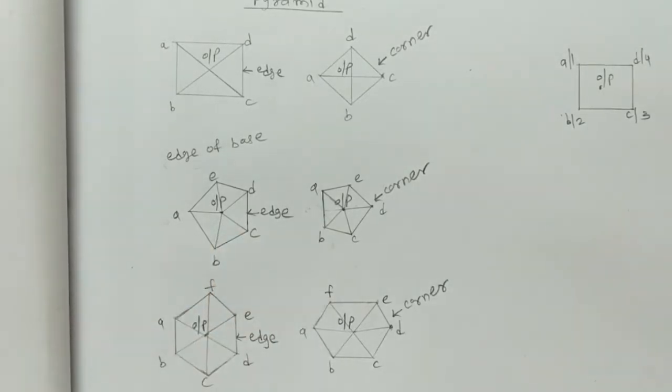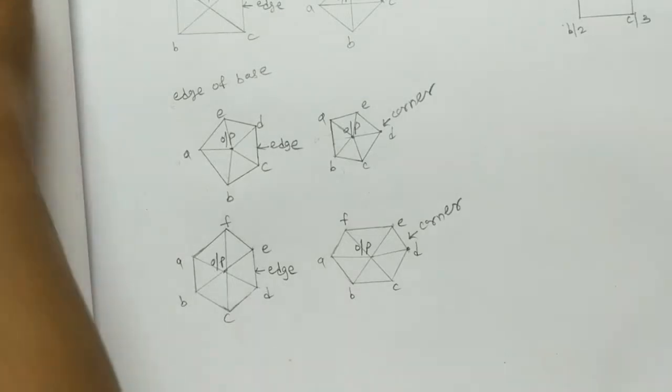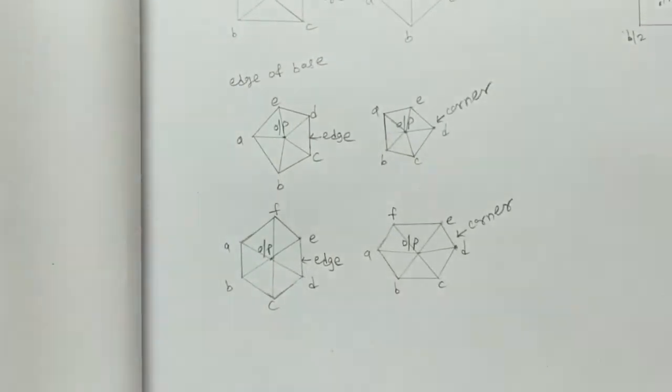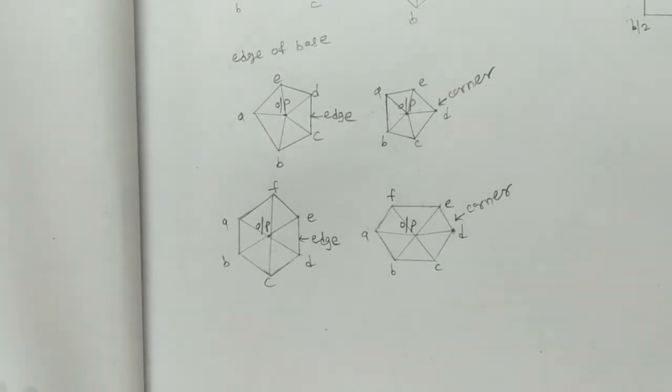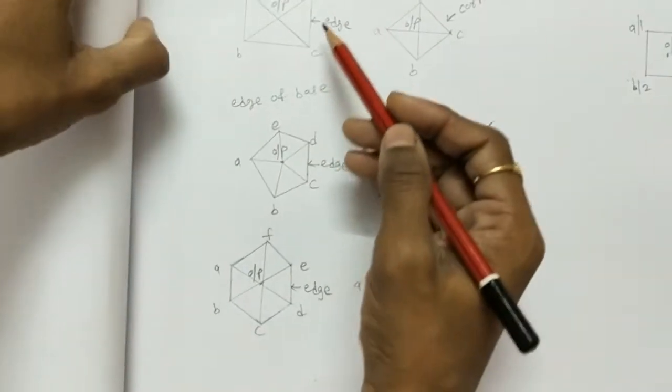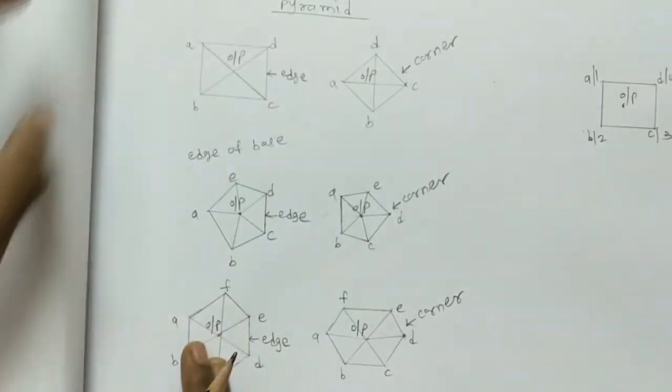Then that edge is perpendicular to xy. And third condition, 2 points at right side. These are the 2 points. So 2 points always at right side when edge is given.